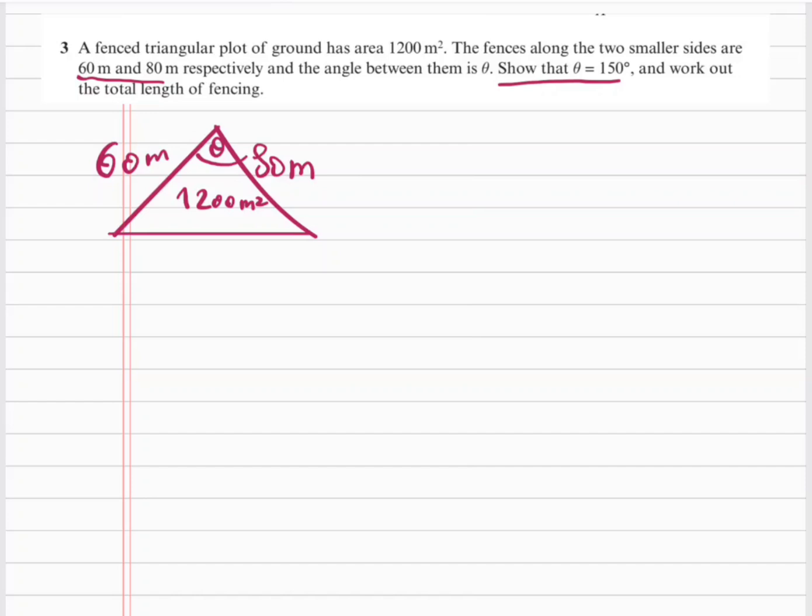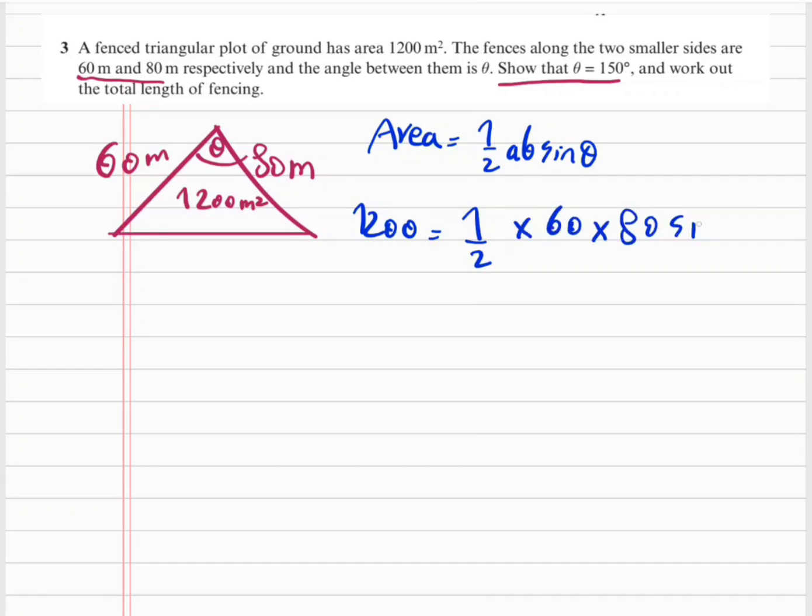So we can simply use the very useful formula of area of a triangle is equal to half AB sine theta, where theta is the angle in between of A and B, which is exactly the case here. So we can just plug in the values into the formula. So we have half times 60 times 80 times sine theta, and now we just rearrange this.